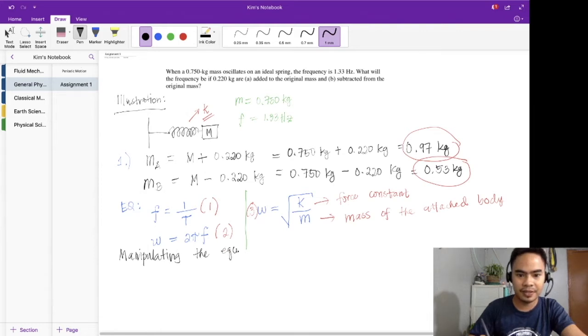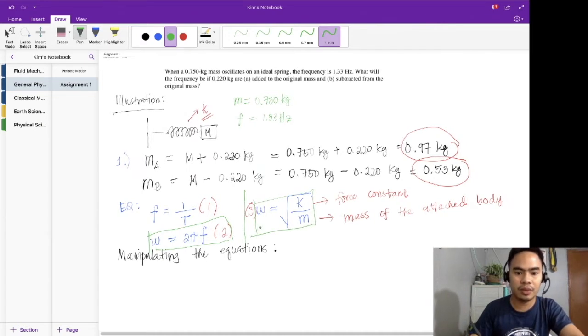Okay, this usually happens in a lot of physics problems. You actually have to manipulate equations. So here, class, you can manipulate this equation and this equation, meaning we will be working with equation 2 and equation 3. Since omega is equal to 2 pi f, that's what equation 2 is telling us, and equation 3 is telling us that omega is equal to the square root of k over m.